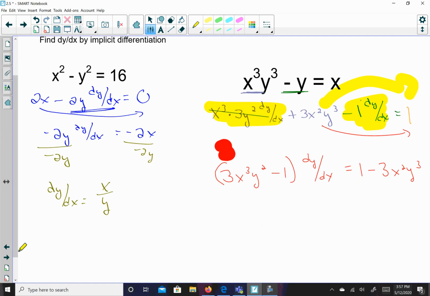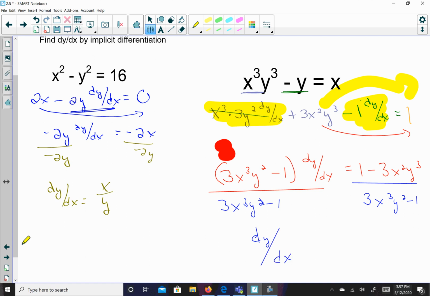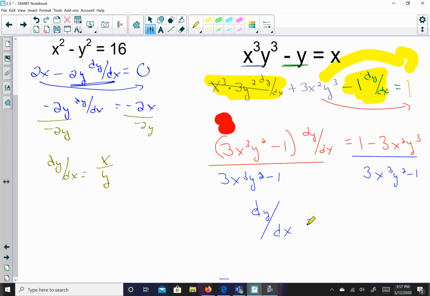Solving for dy/dx, I'm going to divide both sides by this 3x to the third y squared minus 1. So dy/dx is going to equal 1 minus 3x squared y to the third, over 3x to the third y squared minus 1.